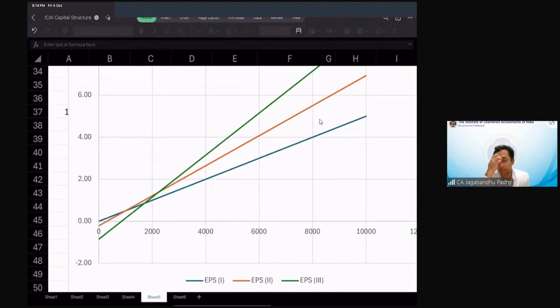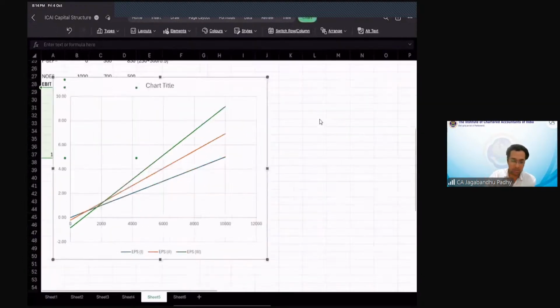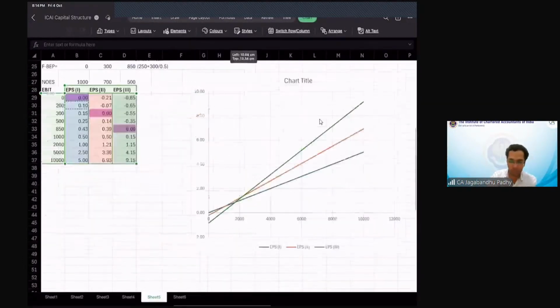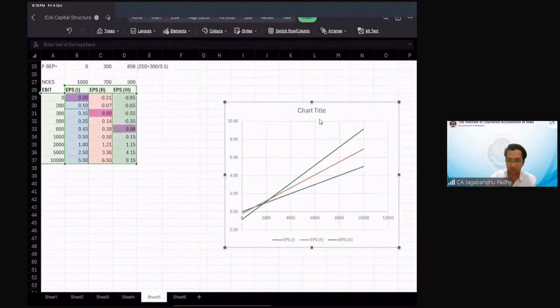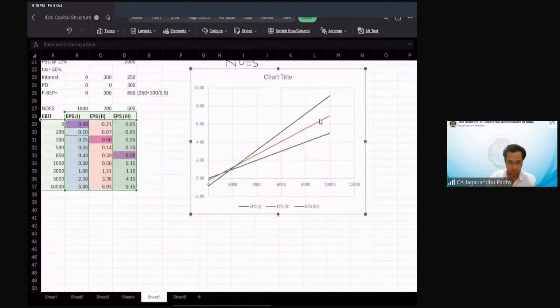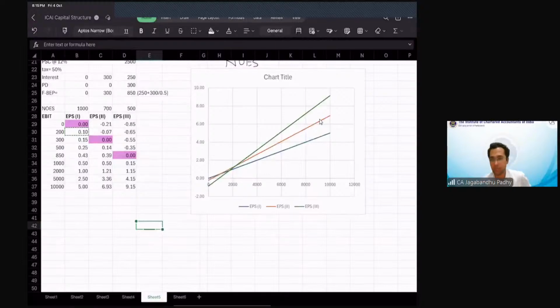Now, can I say that the financial break-even point which we computed was actually an indicator of the risk that a company is having in its financing? A lower break-even point indicates that you are having a lesser degree of risk.